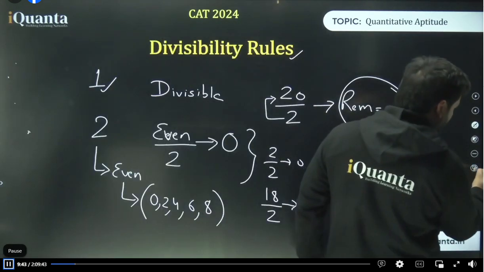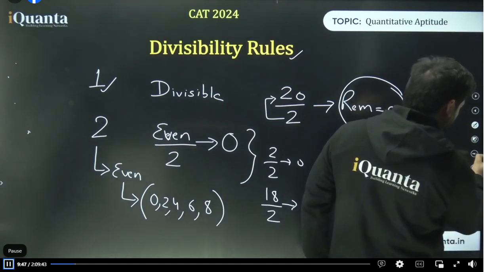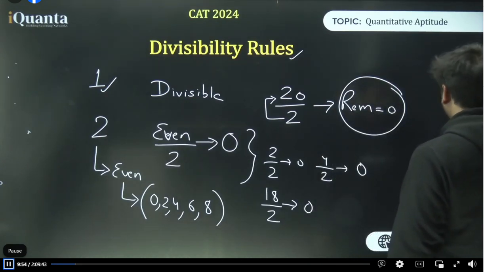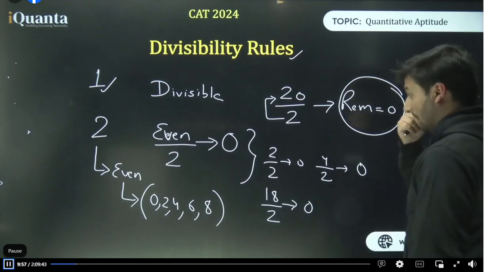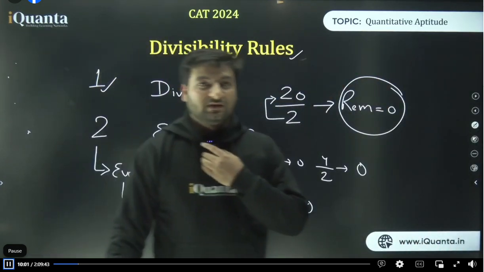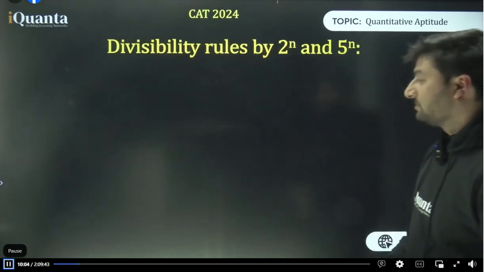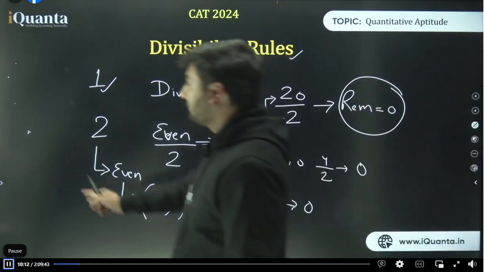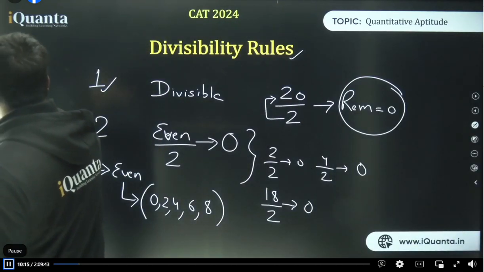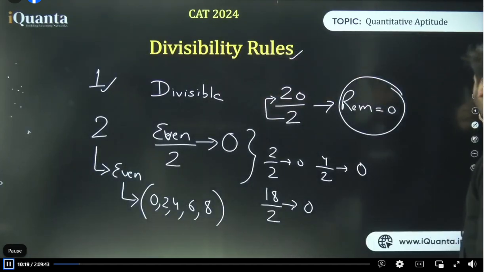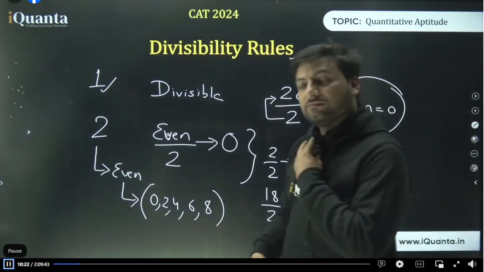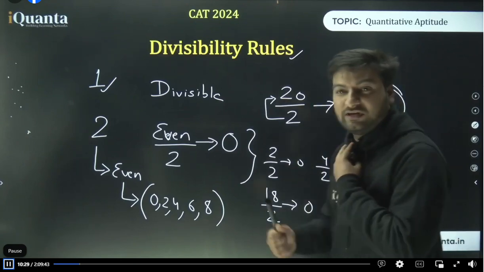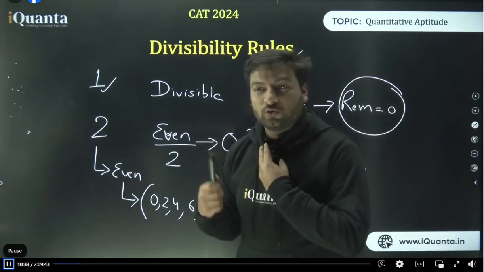Just a second. Okay, just give me 2 minutes. My screen is stuck over here. I'll just get it done, and then we'll get back to the concept. Till then, you just go through the divisibility rule of 3, okay?